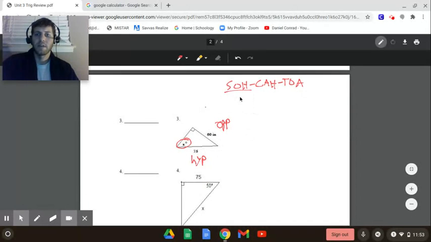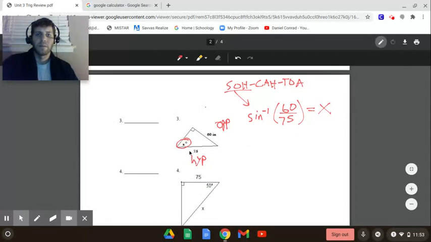That's going to be sine. So we're going to do sine of our angle. So we need to do inverse because we're solving for an angle, right? So we're going to do inverse sine. And this time we're going to input the ratio. So the ratio is opposite over hypotenuse, so 60 over 75. And that's going to equal our angle measure.